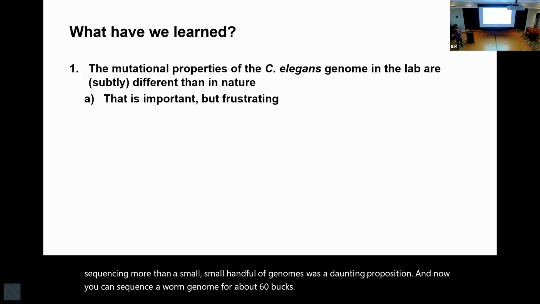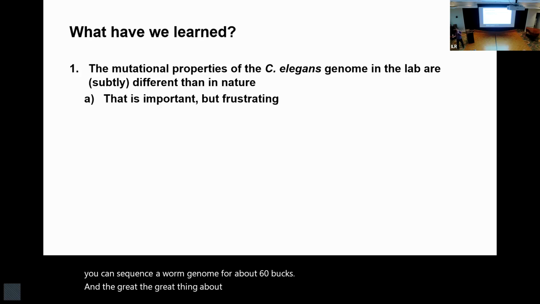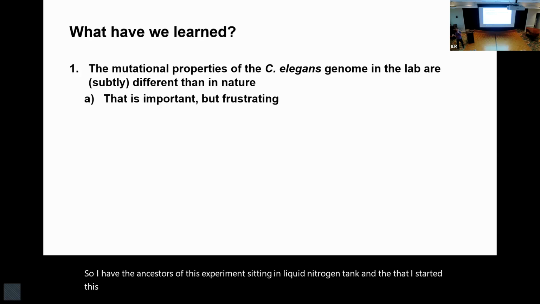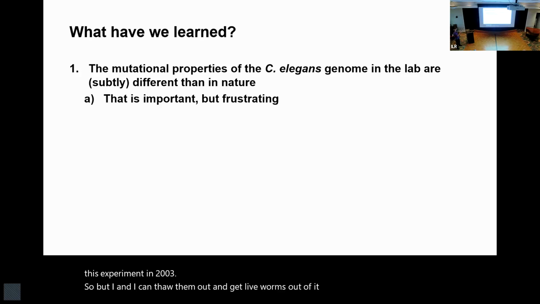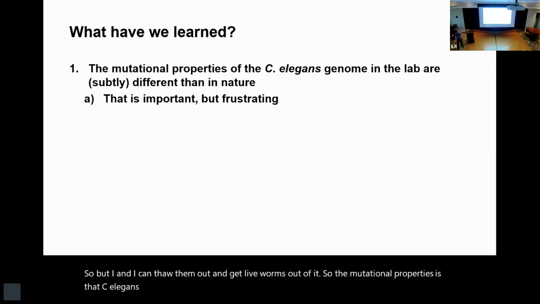The great thing about worms is you can cryopreserve them. So I have the ancestors of this experiment sitting in a liquid nitrogen tank, and I started this experiment in 2003. I can thaw them out and get live worms out of it. The mutational properties of the C. elegans genome in the lab are subtly different than the mutational properties of C. elegans in nature.